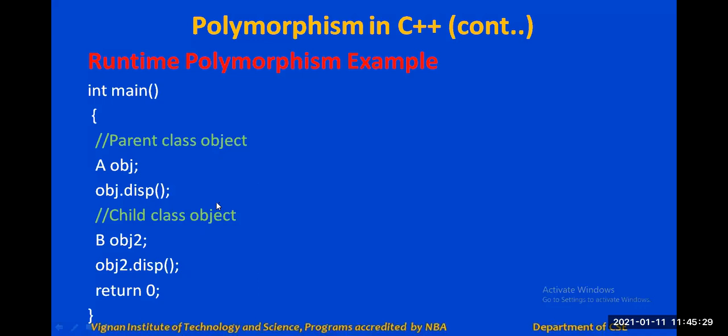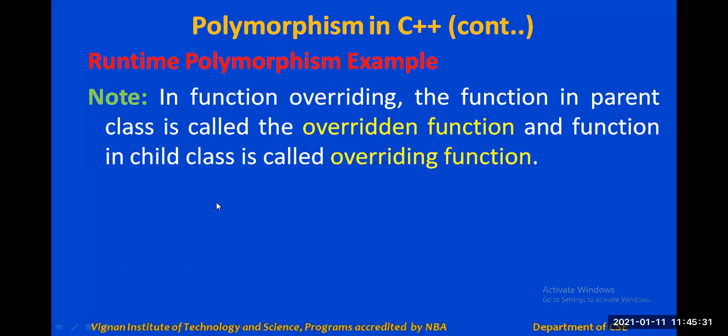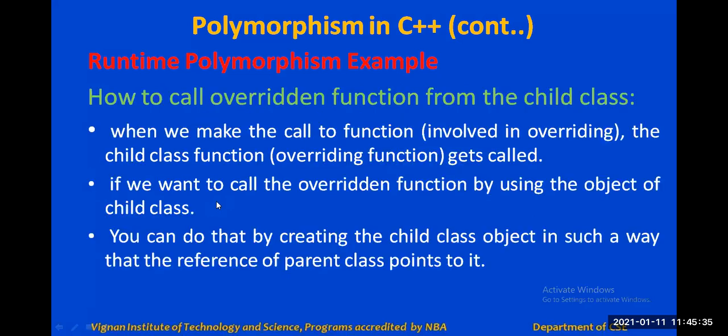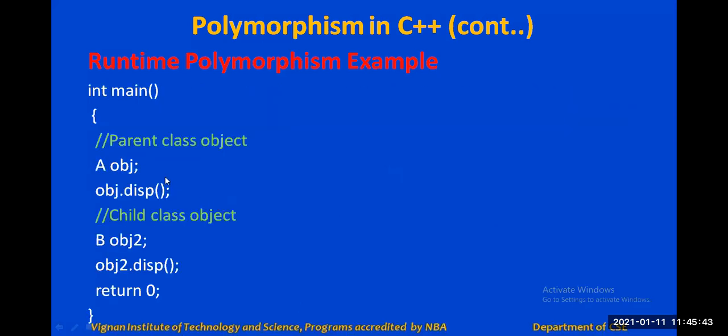So in order to implement the runtime polymorphism, what do we have to do here? We have to use the virtual function concept here, right? And one more thing is, we have the base class, so we have to create the base class pointer. Obj is a normal object of the parent class A, right?